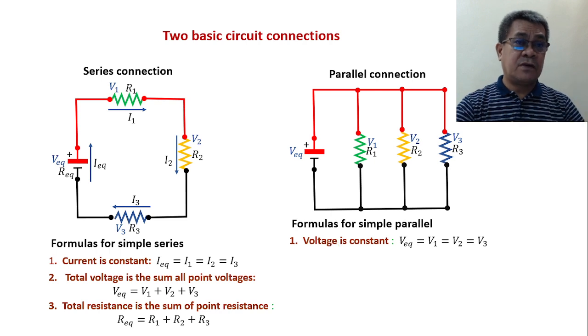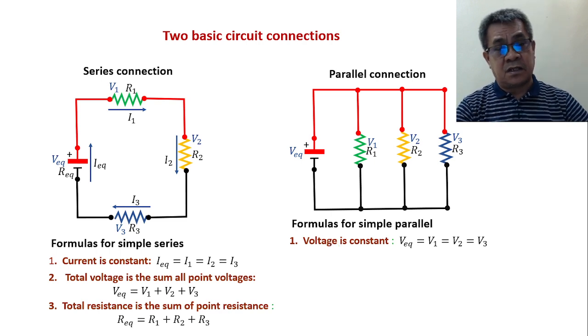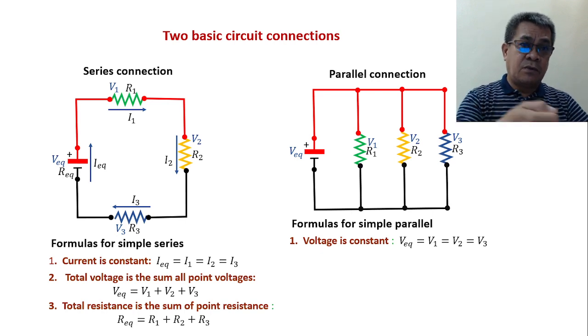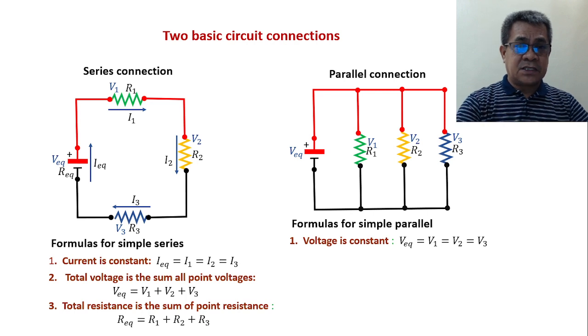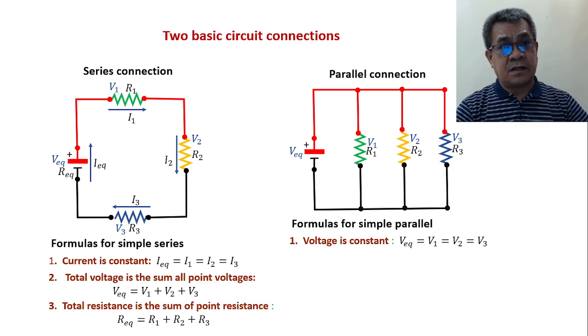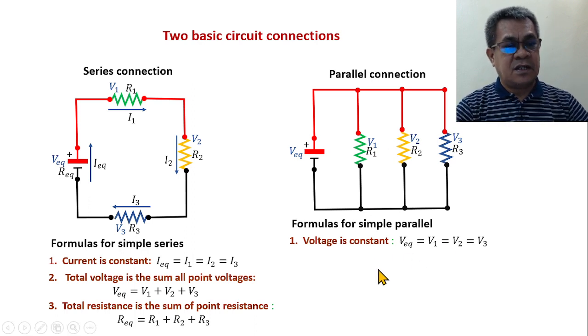We measured the voltage of the batteries in parallel, and we found out that even if you increase more and more batteries in parallel, the voltage reading in the voltmeter does not change, which means that the voltage is constant, which means that V equivalent must be equal to V1, V2, and V3.